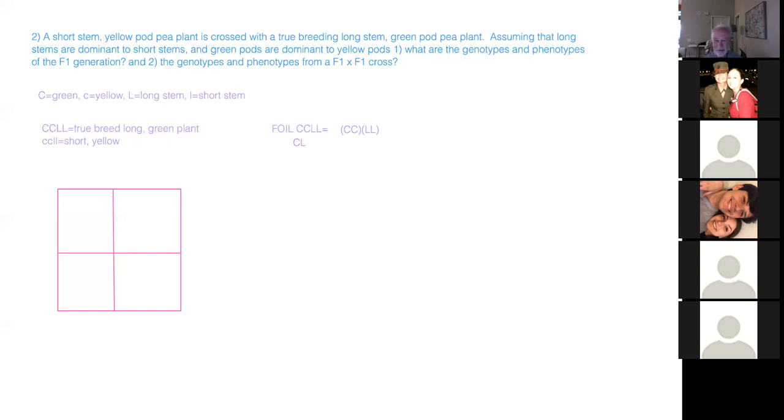If we don't understand why we're doing this, we need to talk about it now, because we're looking at 2 alleles for each trait because this is a diploid individual. So when these cells break down and they go haploid, we're going to get one of each letter in each gamete, but we need to make sure we get all the possible combinations.